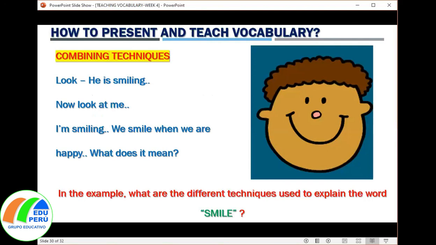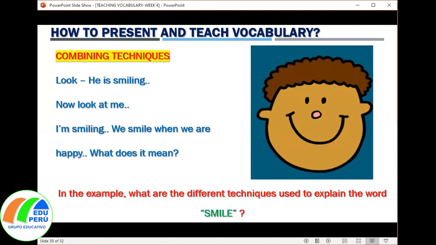Then he said that students need to look at him or her, and he or she starts smiling. So he is using facial expression, gestures. Then he is giving an example of the word as a verb. When we smile, we smile when we are happy. What does it mean? And then he's checking understanding.